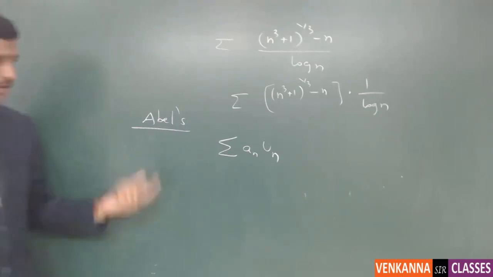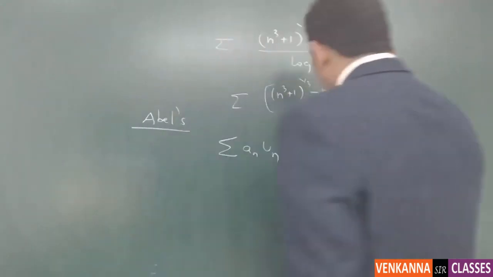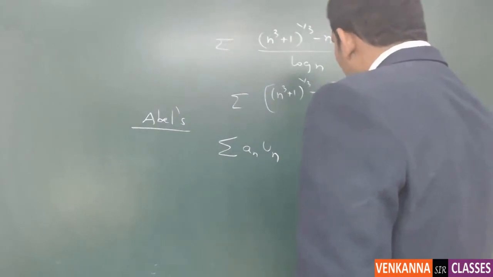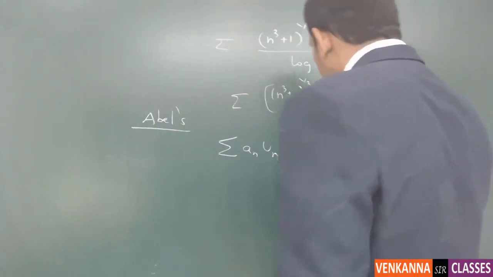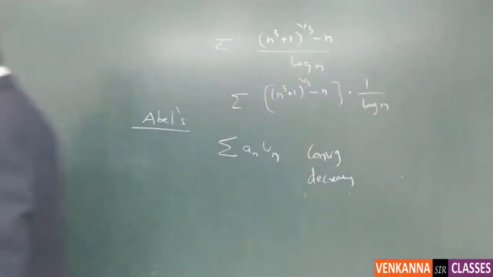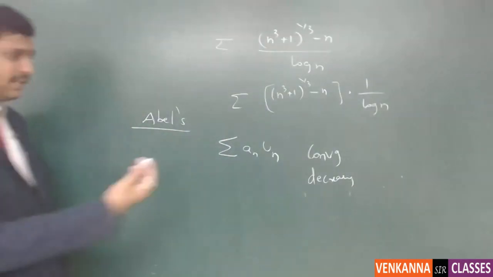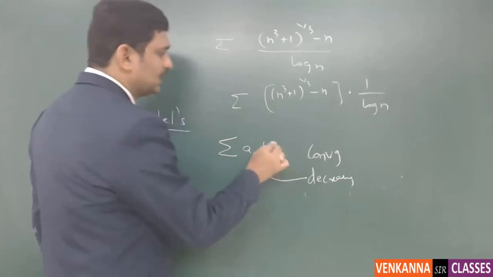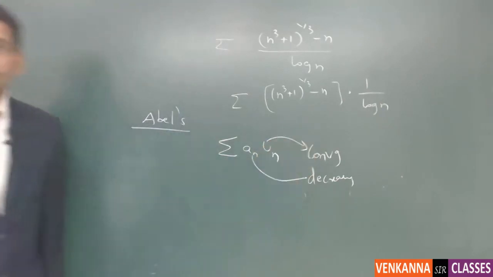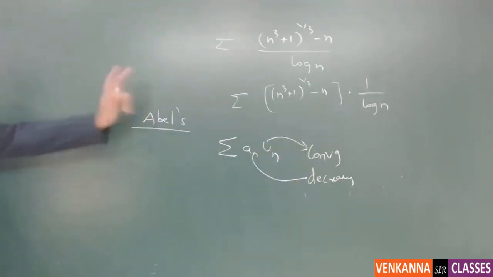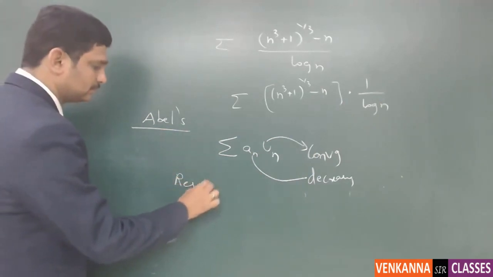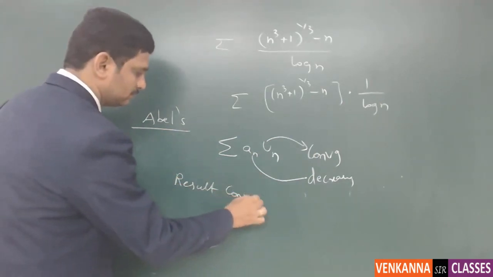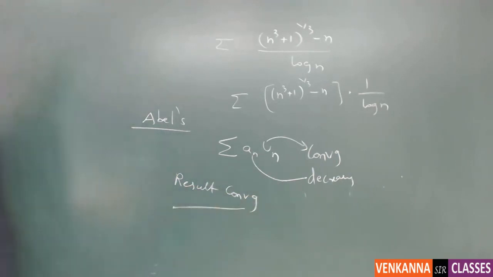Among these, one must be a convergent one and one must be a decreasing one. So let us say an is monotonically decreasing and un is convergent. Then the product series will be convergent. This is called Abel's theorem.